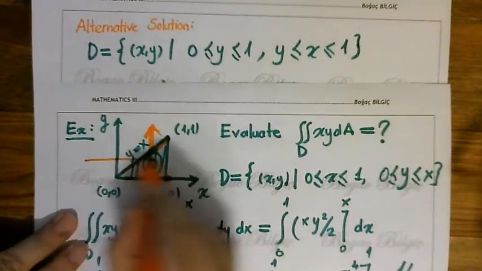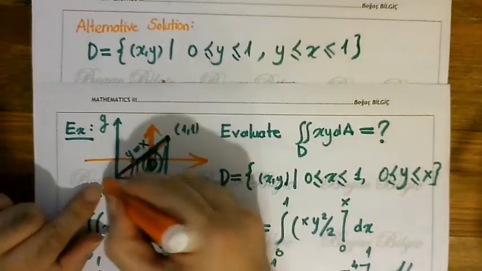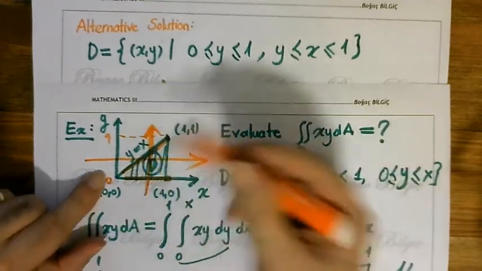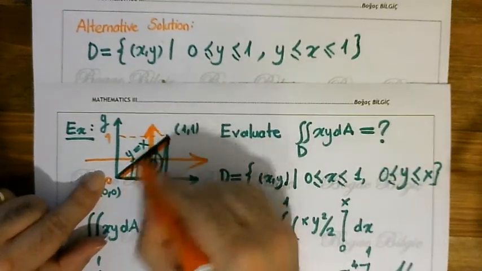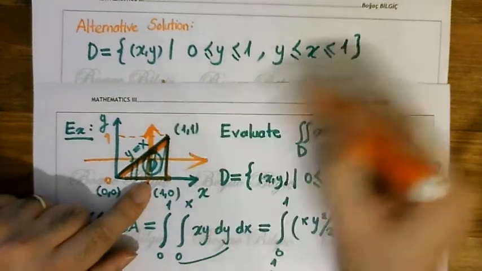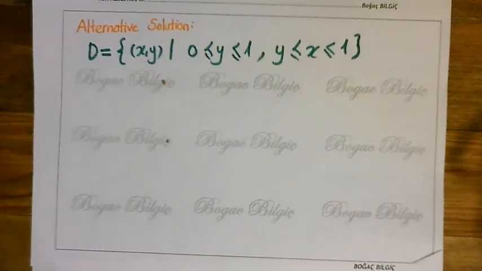This time, with this arrow, the lower boundary is y and the upper boundary is 1. If we integrate over an x-simple region, we integrate with respect to x.